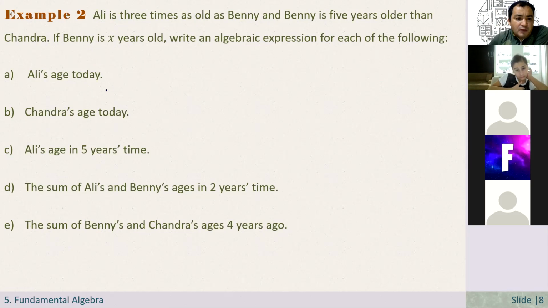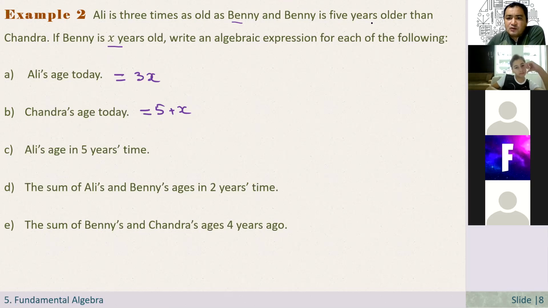Ali's age today. How old is Ali now? 3x, because it says Ali is 3 times as old as Benny, and Benny is X years old. So Ali is 3x years old. How about Chandra's age? That's 5 plus X, because Chandra is 5 years older than Benny, right?